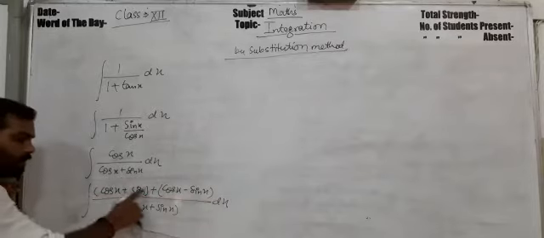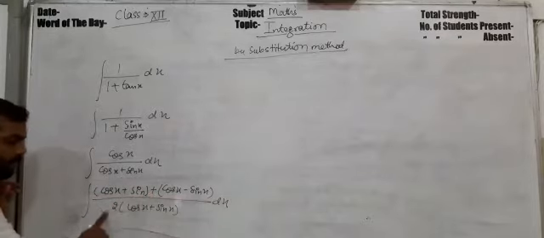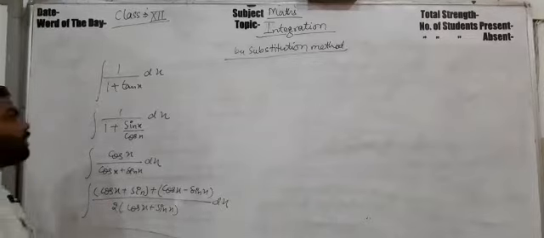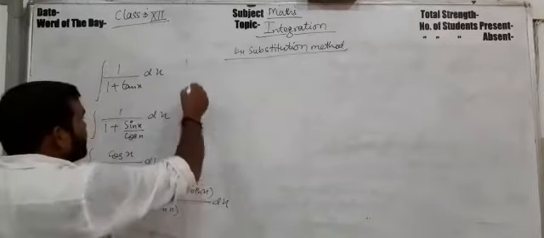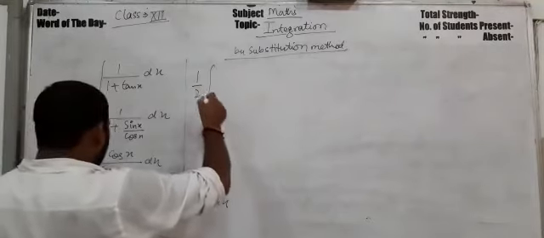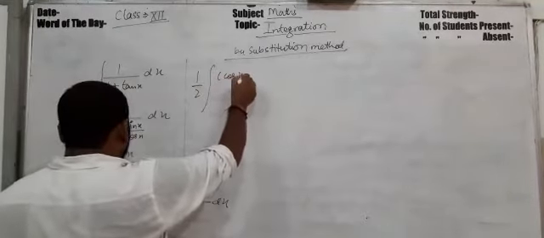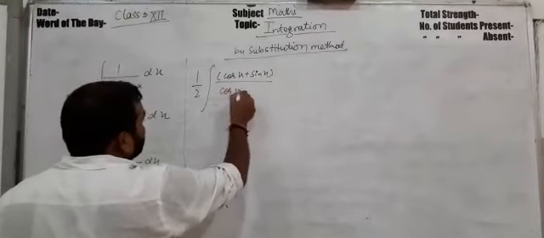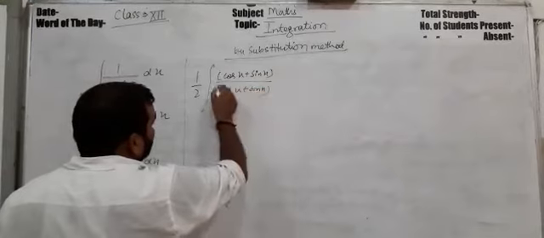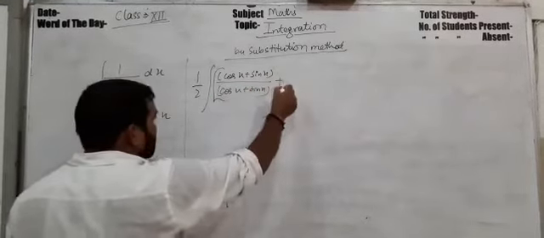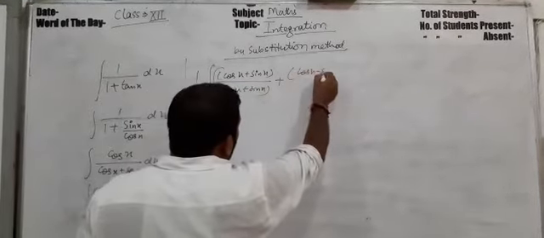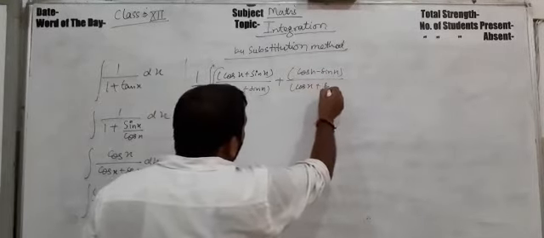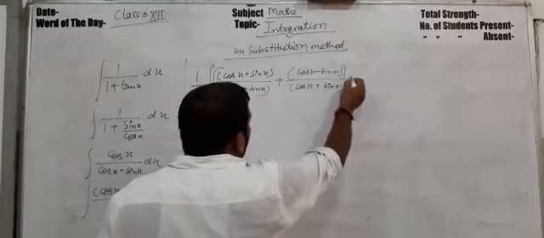So cos x plus cos x becomes 2 times, so I have divided the denominator by 2. Now this can be written as 1 by 2 into cos x plus sin x upon cos x plus sin x, plus cos x minus sin x upon cos x plus sin x separately.